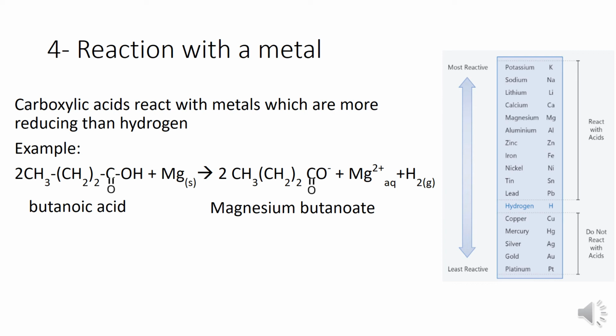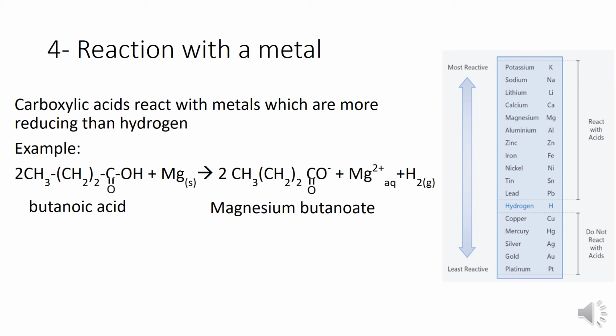We have butanoic acid as an example, with magnesium as a metal. What do you get? You get the salt, which is magnesium butanoate, plus the formation of hydrogen gas. And we have to write a balanced equation. So what do we have here?